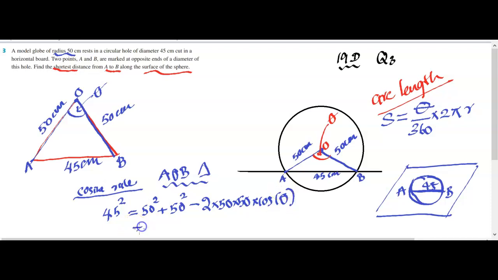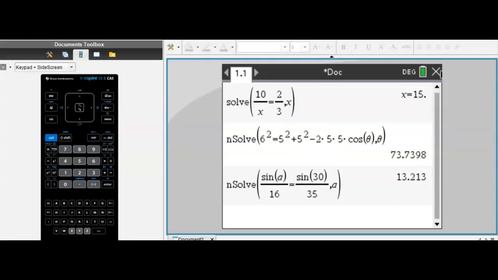Use the CAS calculator. Remember your mode should be degrees.